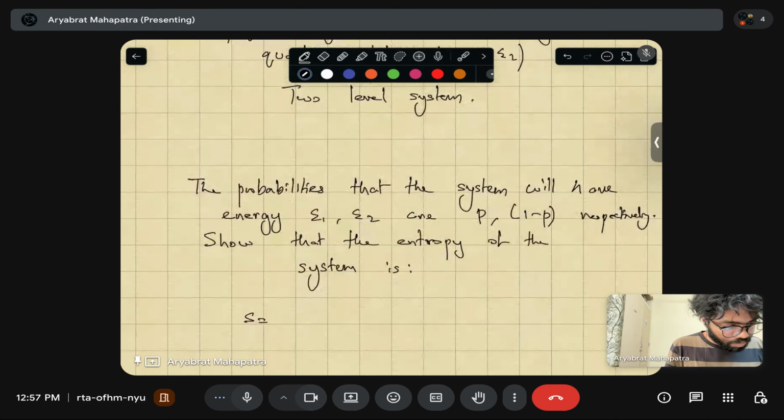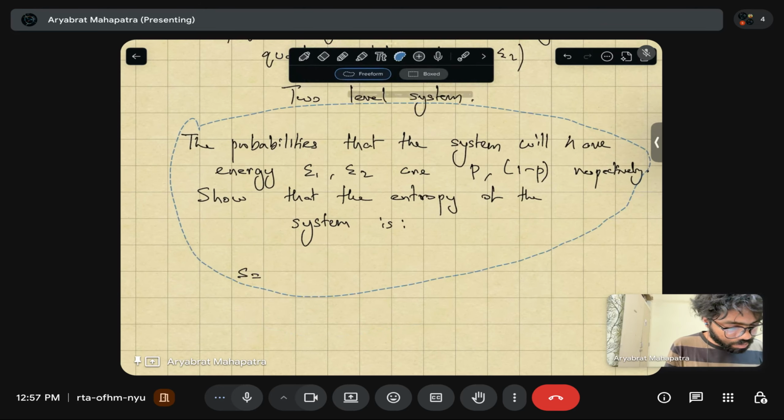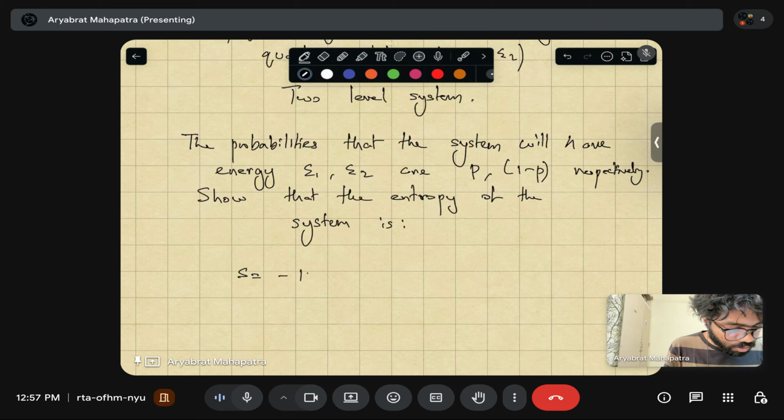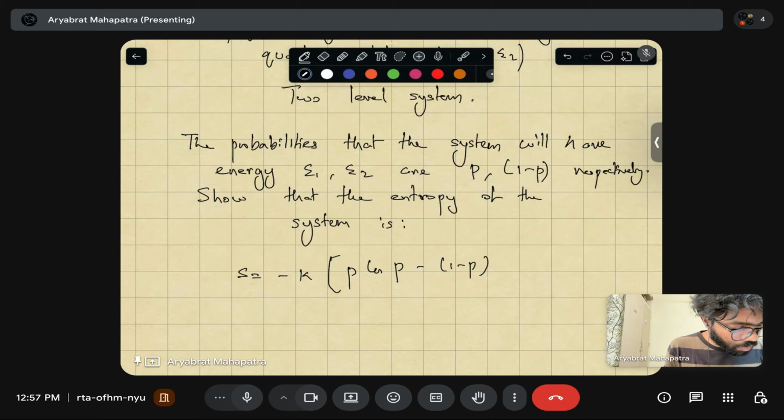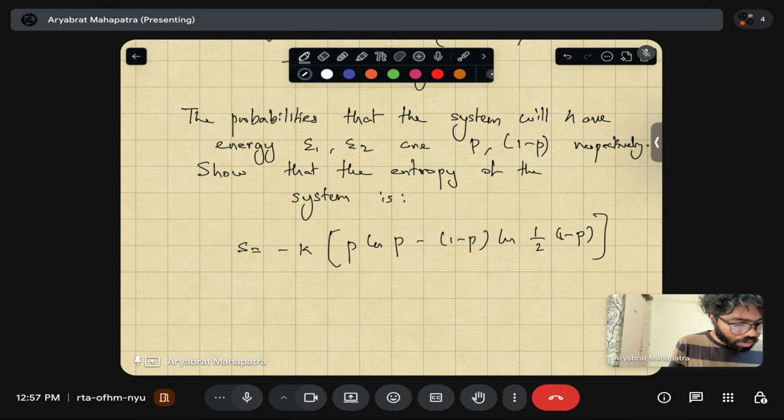So the entropy you need to show is minus p ln p minus (1 minus p) ln of (1 minus p over 2). This is what you have to show.